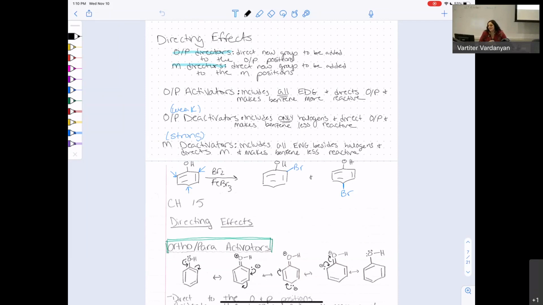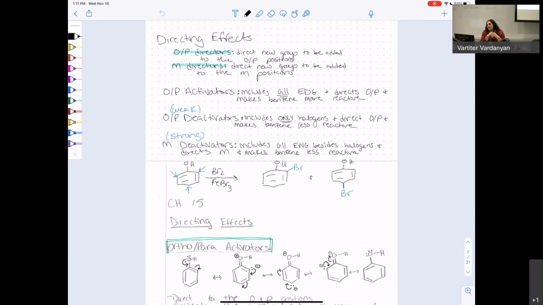Yes, so resonance is a huge, huge part of directing effects. So specifically for ortho-para directors, what charge do we get? Negative, and what position do we get it on? Ortho-para, cool. So the ortho-para positions become what? More nucleophilic or electrophilic? More nucleophilic, cool.